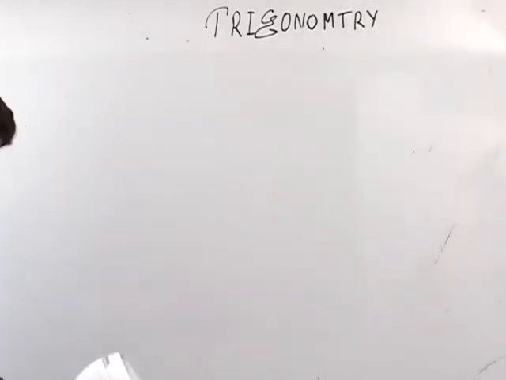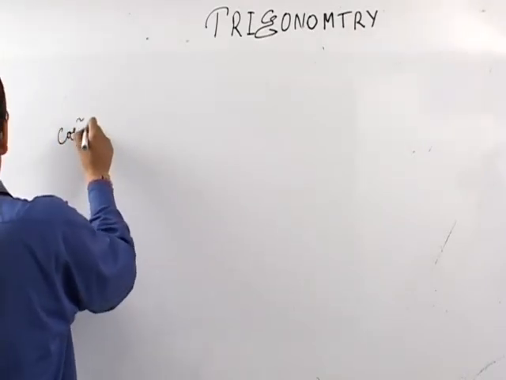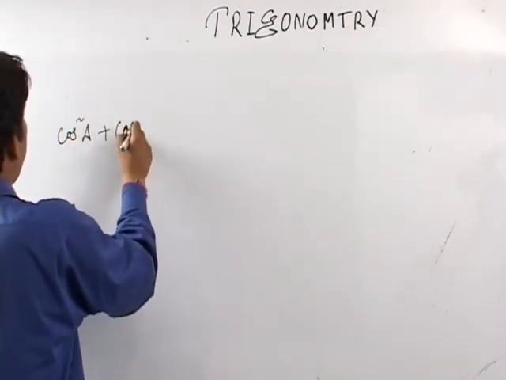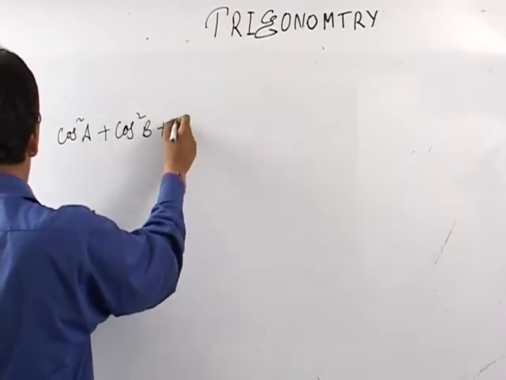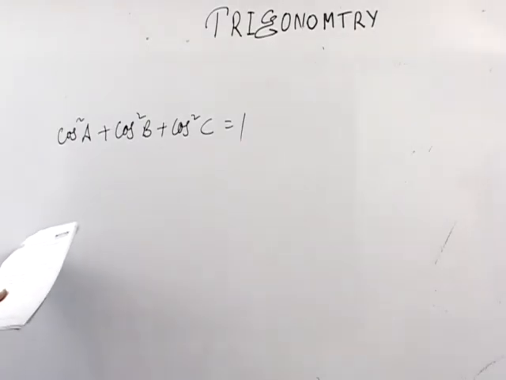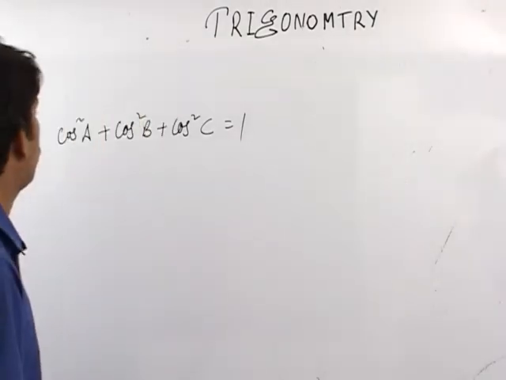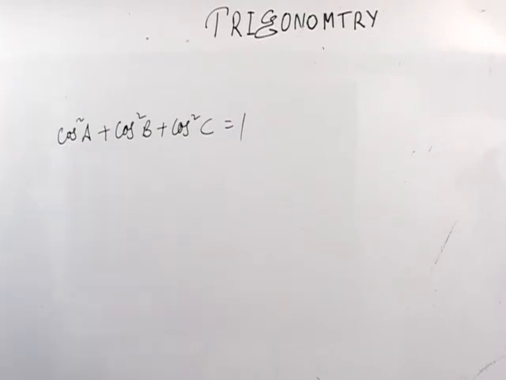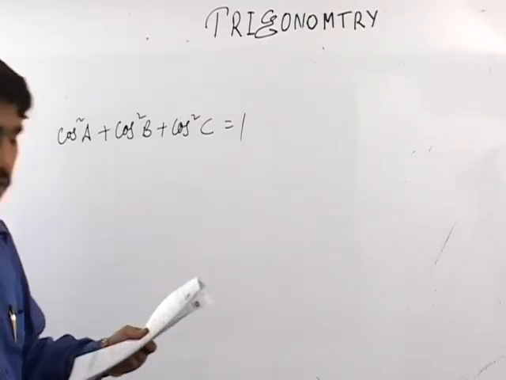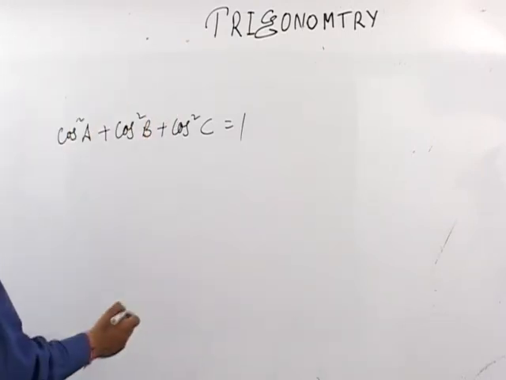Our next question is: cos square A plus cos square B plus cos square C equal to 1. Then you have to tell the triangle ABC is what? Is it equilateral, isosceles, right angle, or none of these.